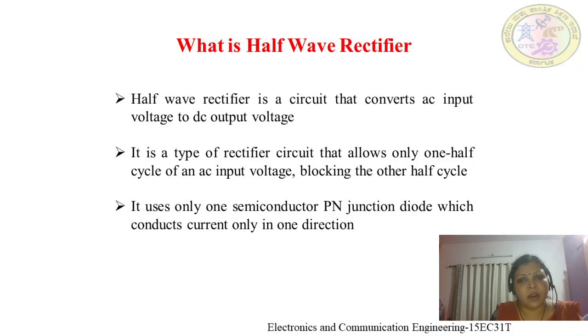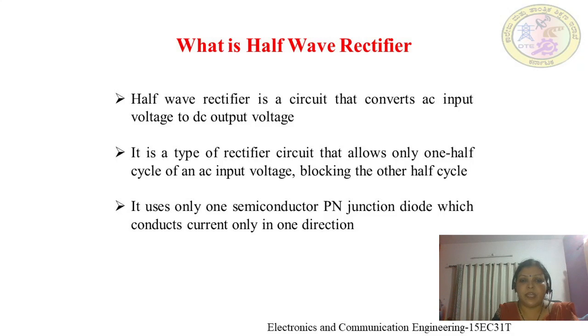It is called a half wave rectifier because it allows only one half cycle of an AC input voltage, blocking the other half cycle. Why is the name so called? It converts the AC input to DC output voltage, but for what part of the AC input? For only one half cycle.